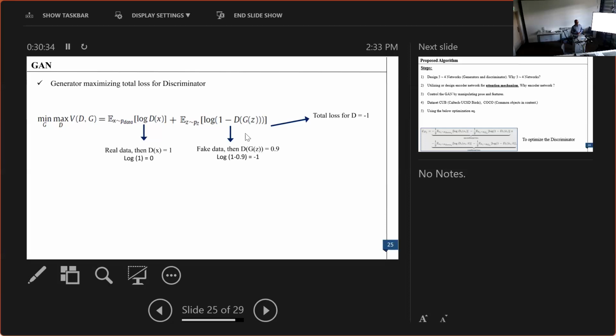So the generator wants that case, because we have a fake image, but it looks like a real image. So we have a high probability here, and the total loss is at its maximum, -1. Negative represents loss, and 1 is the maximum value we can reach.